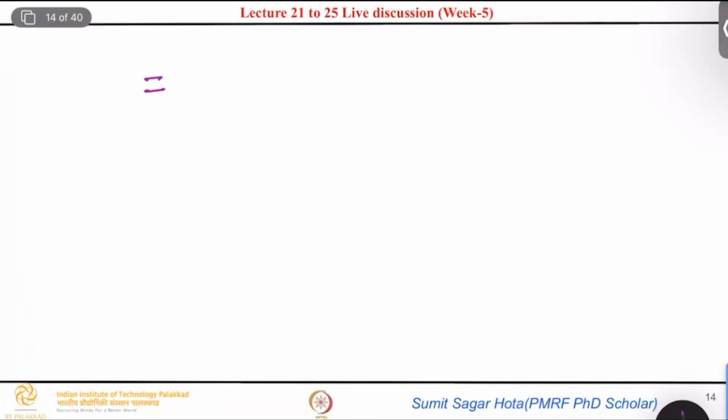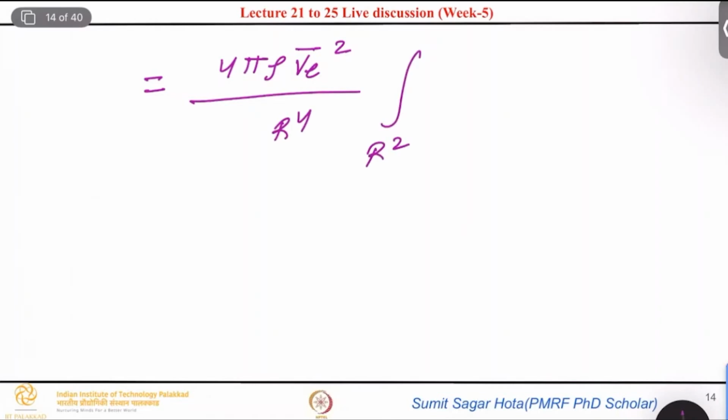Now the equation reduces to 4 pi rho VE square divided by r to the power 4, integral of r square to 0 of u square du.